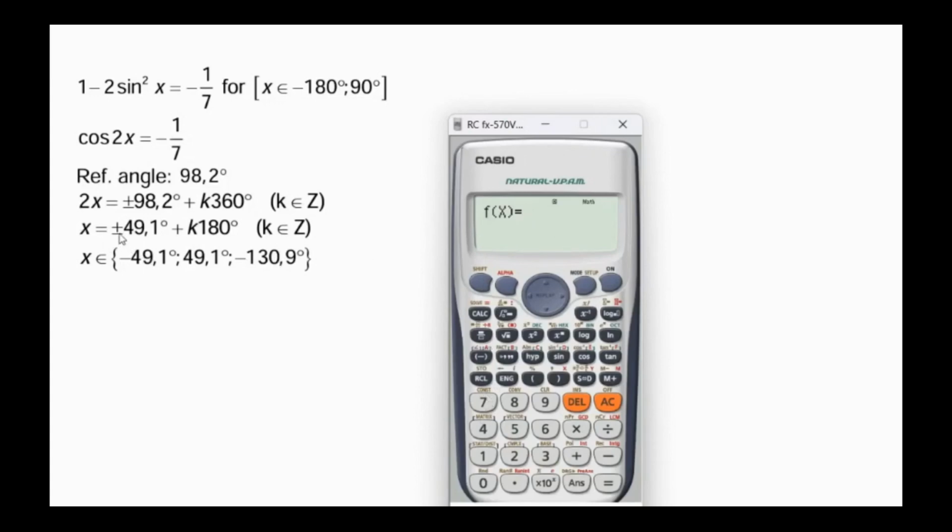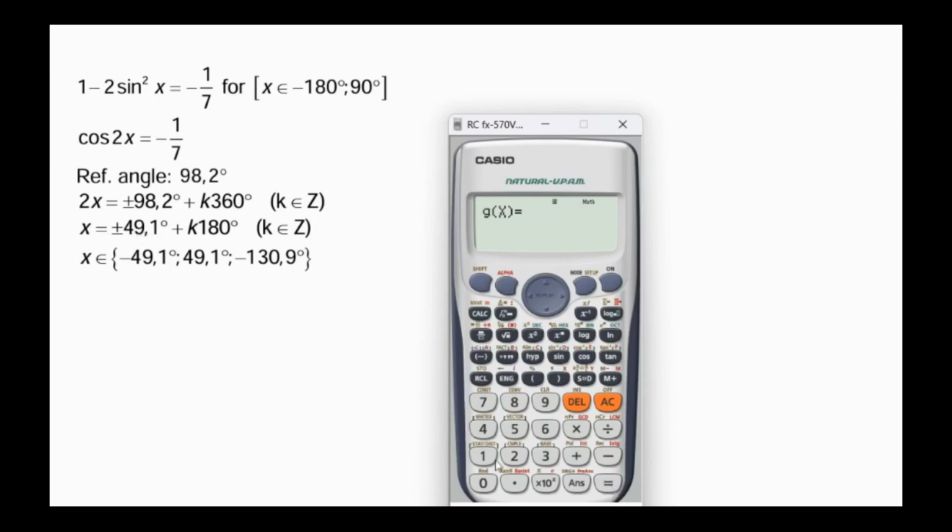You want to put positive 49.1 degrees plus 180 times k. So times k, we put x. We press alpha, then x. See that? That's our first equation, where positive 49.1 is our reference angle.